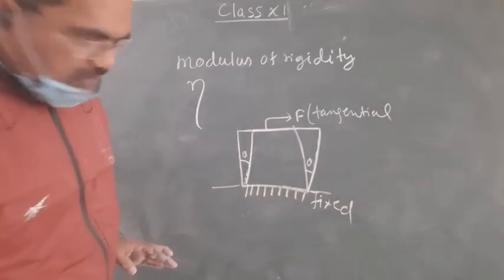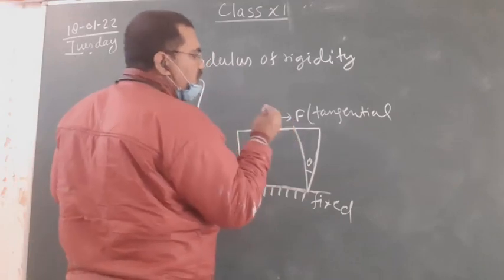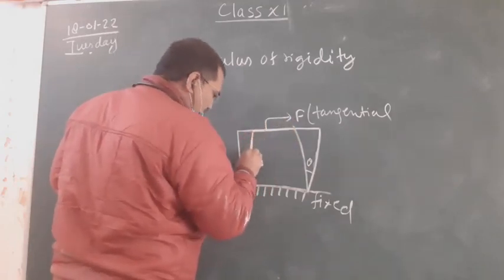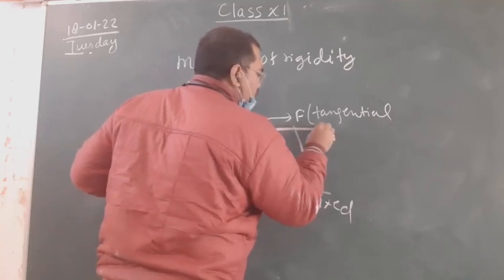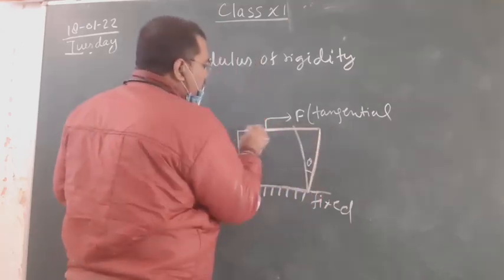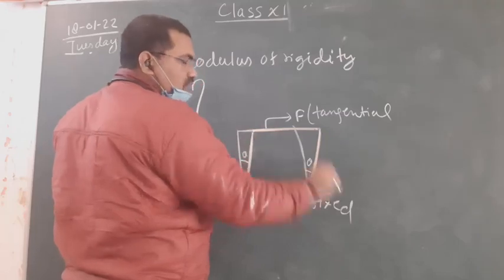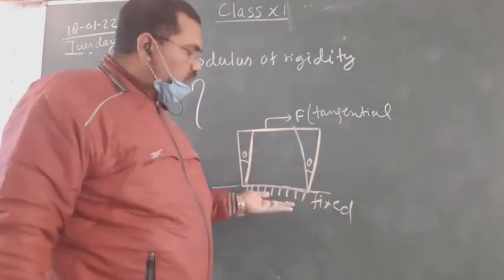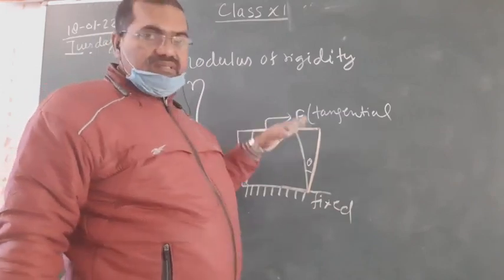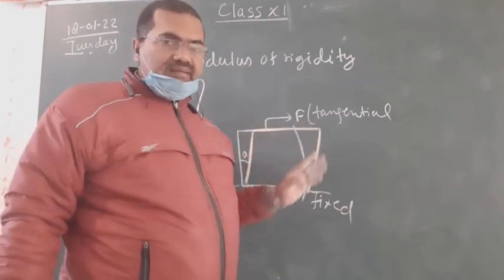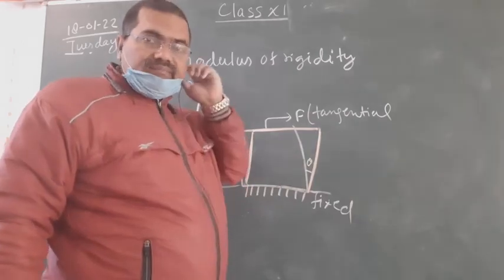I use orange color for making the second diagram. This is the initial position of the volumetric body. The lower portion is kept fixed and a tangential force is applied on the upper surface. Then the body will shift towards the right at an angle theta.